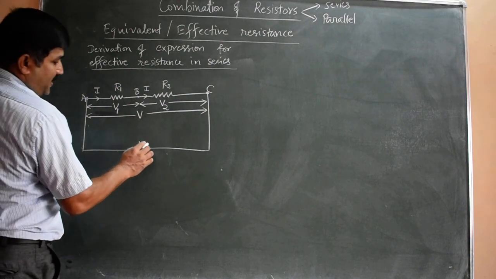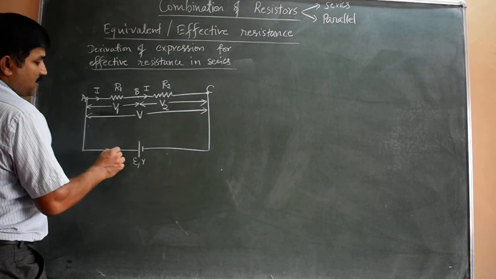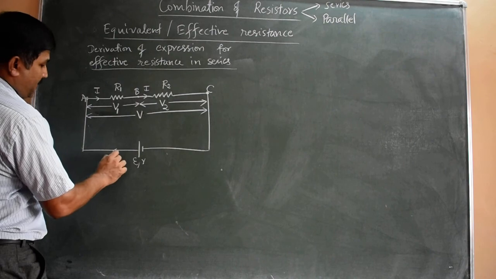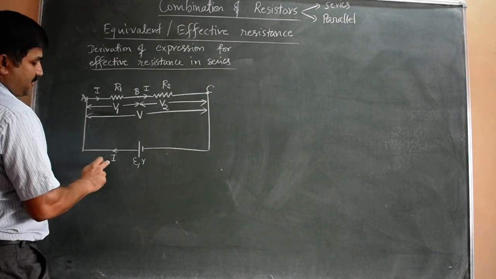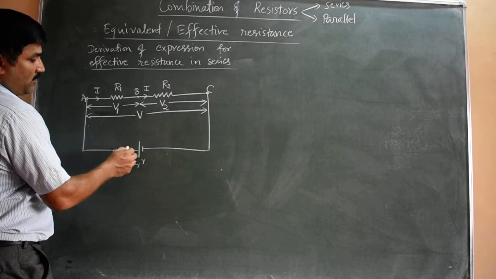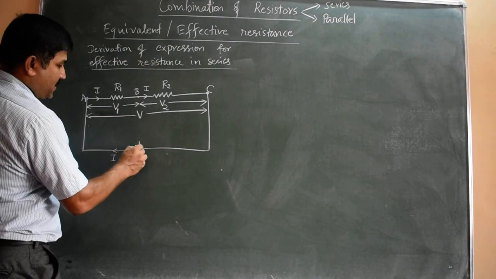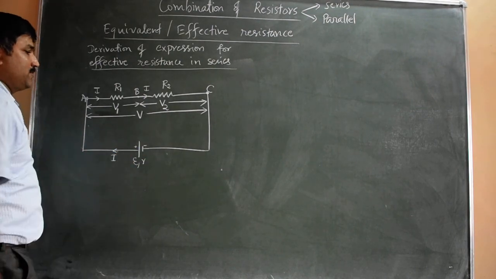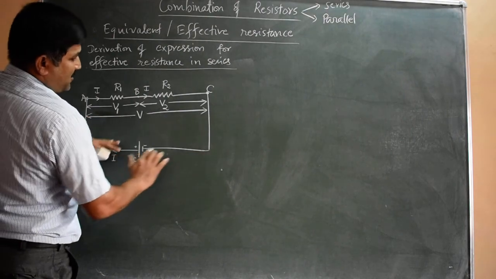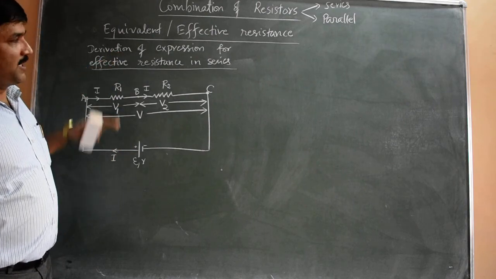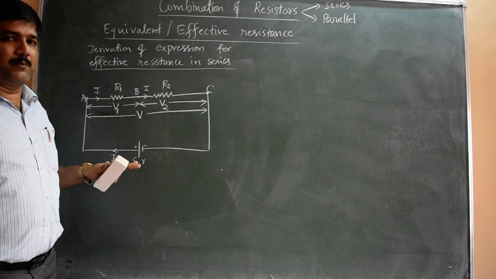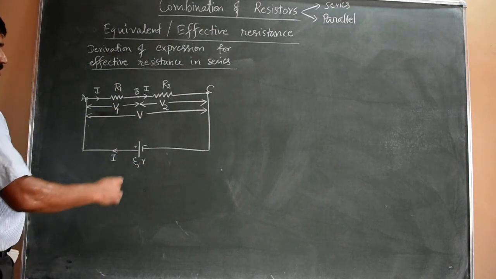This is a cell which drives the charges in the circuit. The direction of current from the cell we show outward from the positive terminal. This is the positive terminal of the cell, this is the negative terminal. This part is not compulsory to show in the circuit for the derivation, but without it the circuit is incomplete. That's why I have taken this cell.